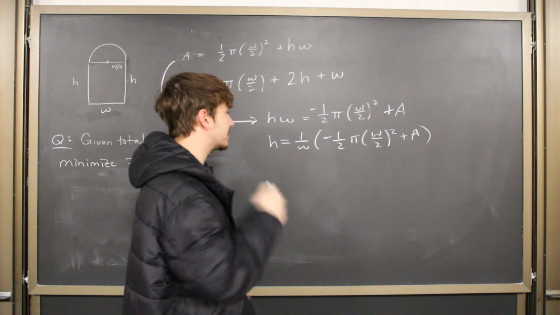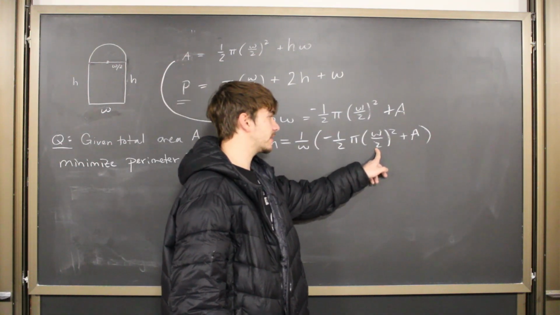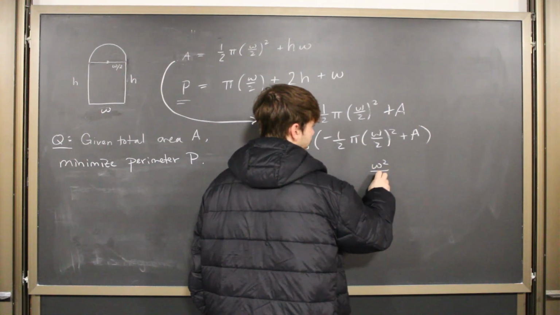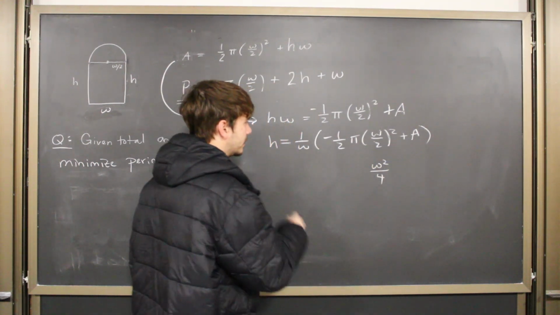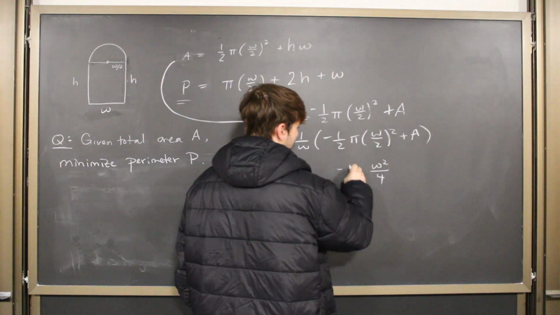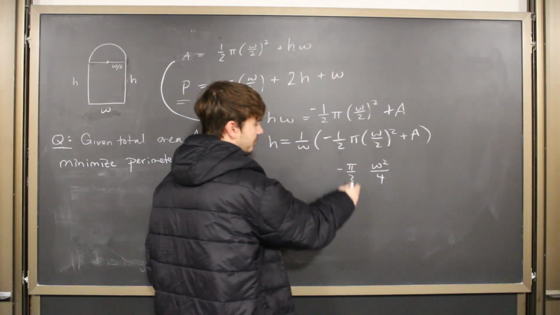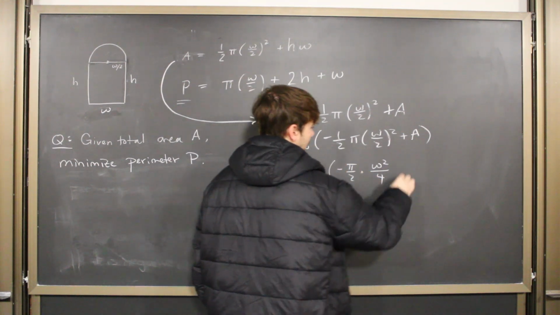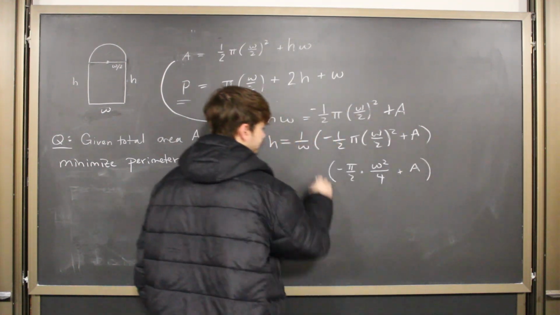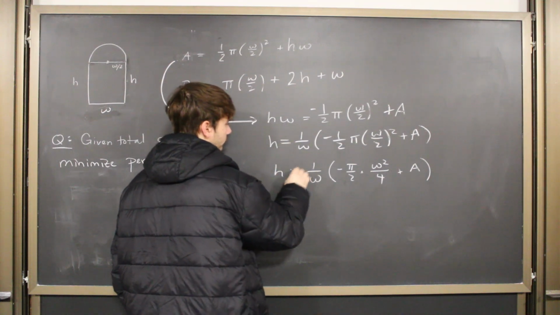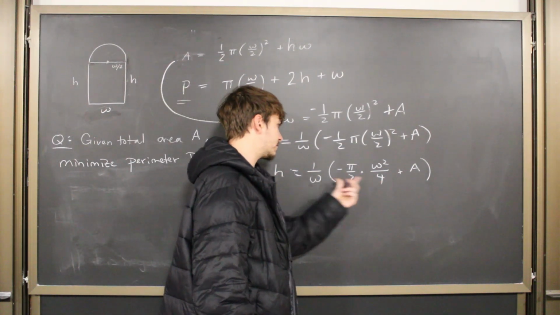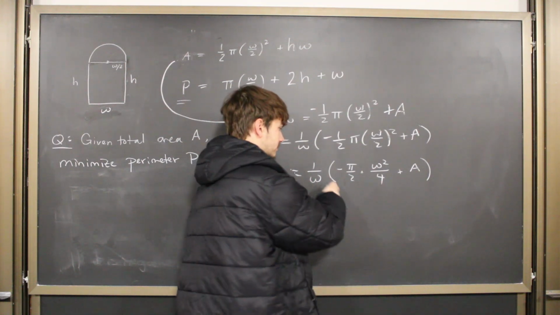Okay, so let's do some algebraic simplification. So (w over 2) squared is w squared over 4. And then I have a minus pi over 2 coming from the negative 1/2 pi. And then I have plus A. And then I can distribute this over, so the 1 over w distributes into this summation.